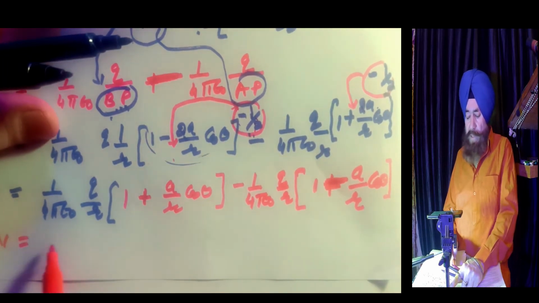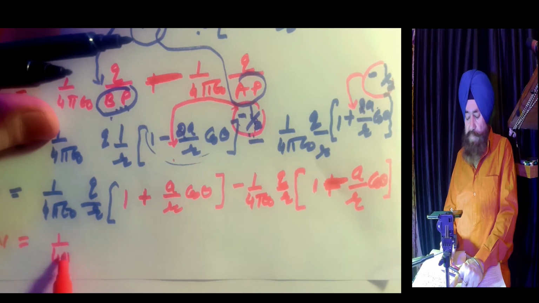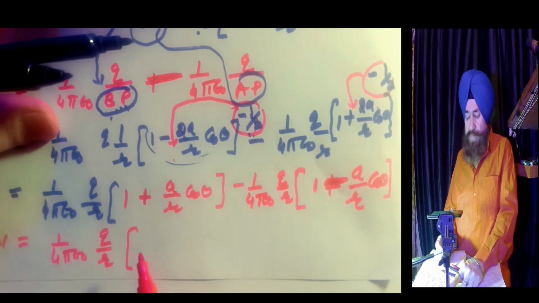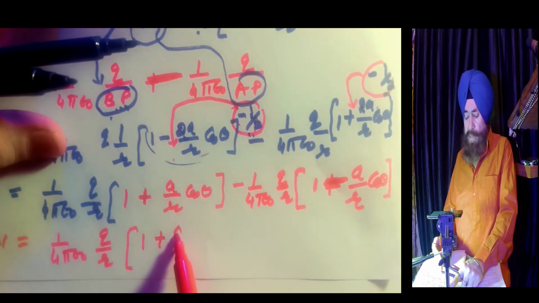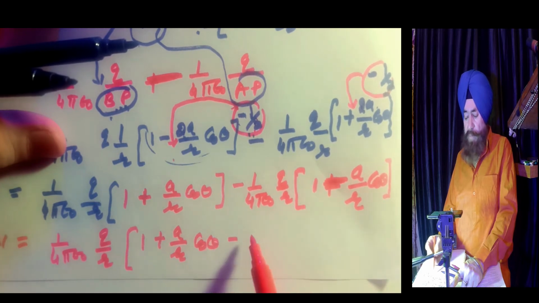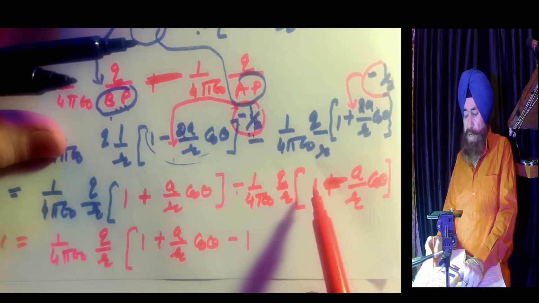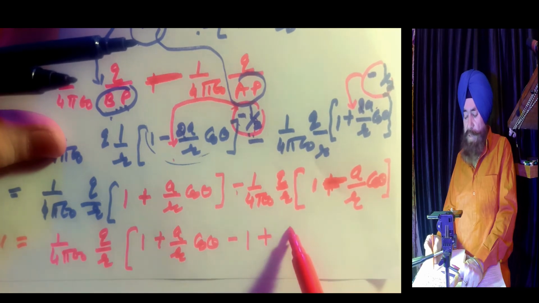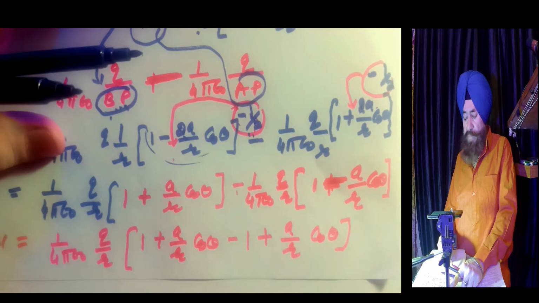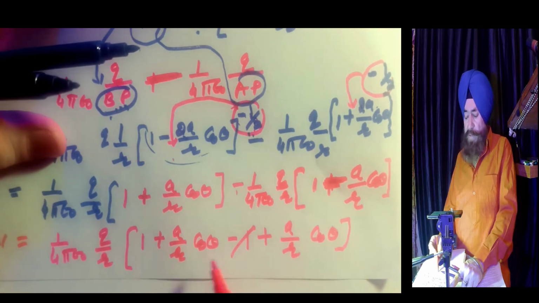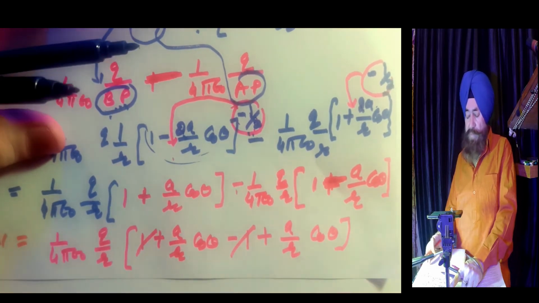Now total potential becomes constant q by R common, 1 plus a upon R cos theta, minus 1 and minus, plus a upon R cos theta. Okay, this minus 1 and plus 1 cancels.